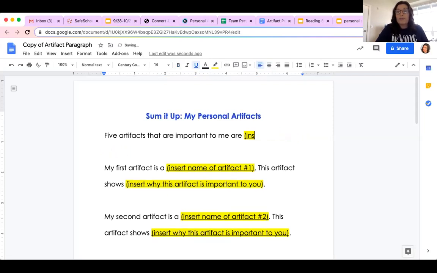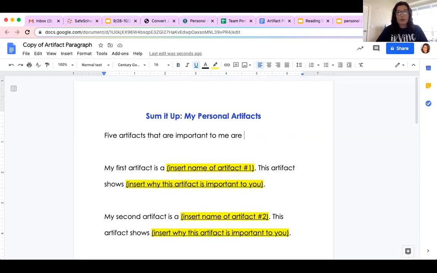So you will be copying down each artifact from your Google Slides. Try to stay in order of the slides that you did, and just write the name in the highlighted section on the first sentence.